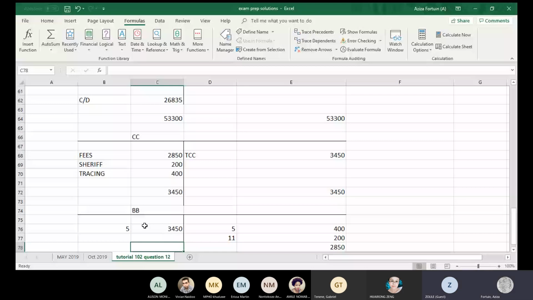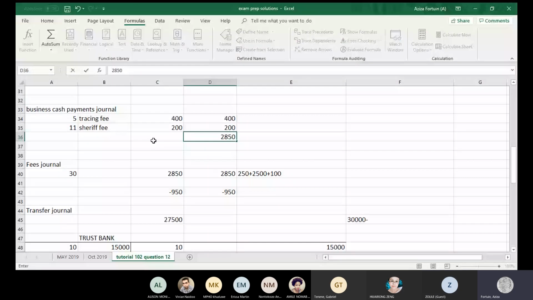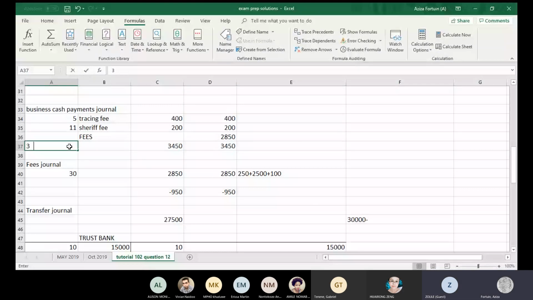So it must be that plus the 2850, which was the fees, right? So then you're going to get the 3450. Am I right? Yes, correct.